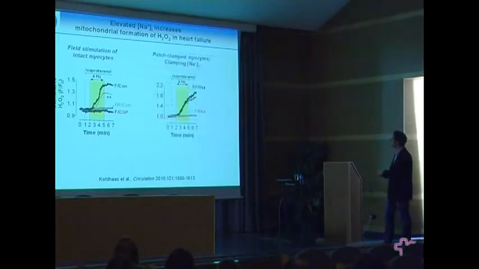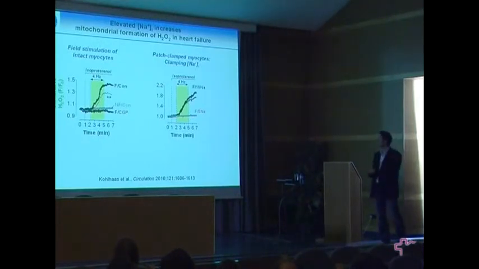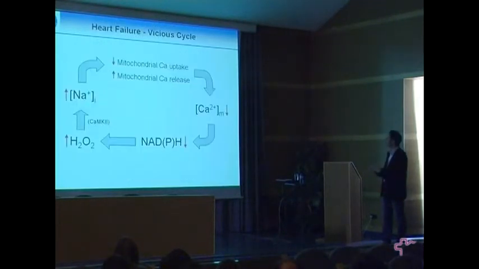And as a second proof of concept, when patch clamping these cells and dialyzing the cytosol with a sodium concentration of 5 millimolar instead of 15, this would also reduce mitochondrial ROS production in these circumstances. So we propose a concept in which the increase in sodium in heart failure may lead to less mitochondrial calcium uptake and to more mitochondrial calcium release.